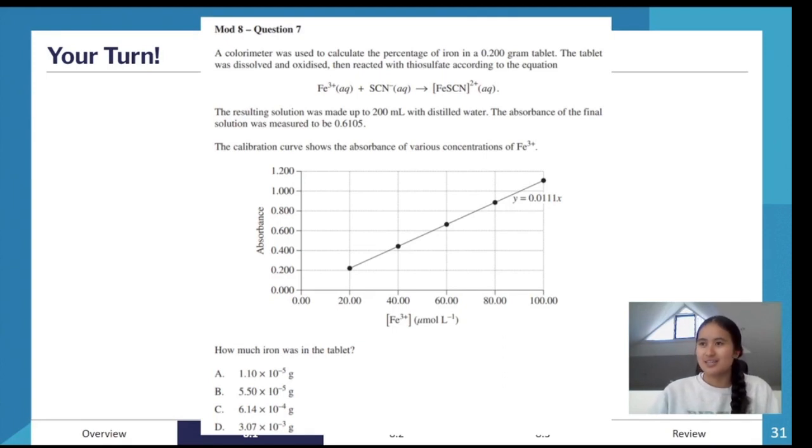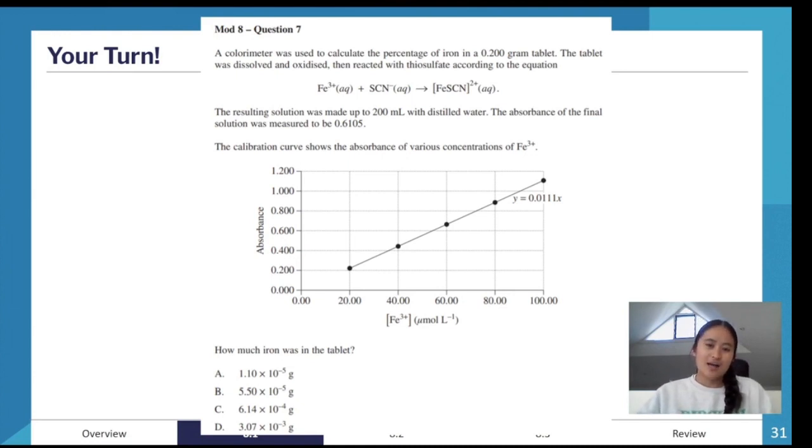A colorimeter was used to calculate the percentage of iron. Tablet was dissolved and oxidized. That's the reaction. The resulting solution was made up to 200 milliliters with distilled water. Absorbance was 0.6105. That's a calibration curve. How much iron was in that tablet?